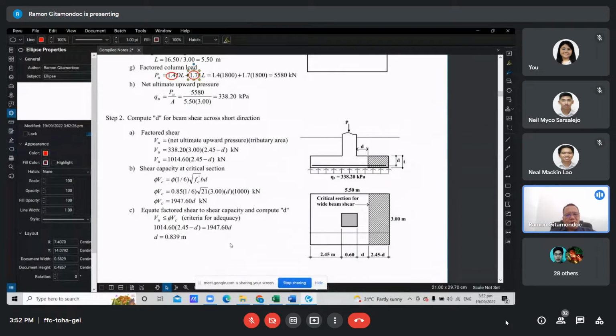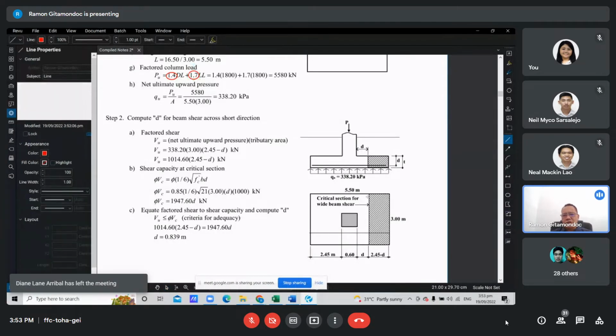Then step two, we compute the depth required for beam shear. Now there are two possible critical sections for wide beam shear failure.